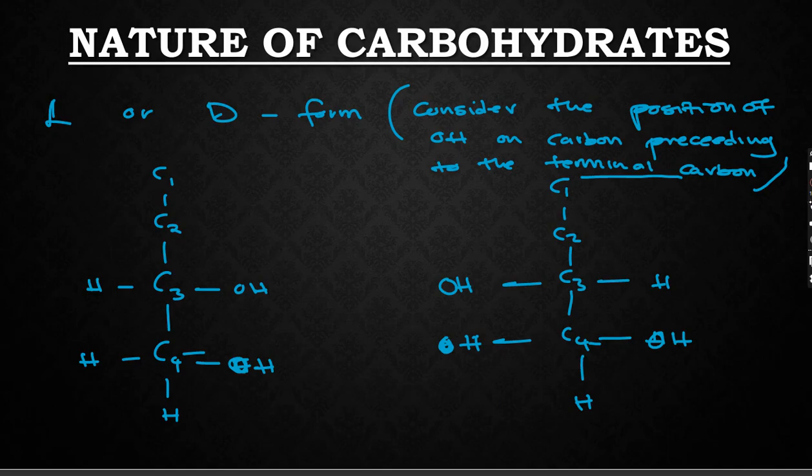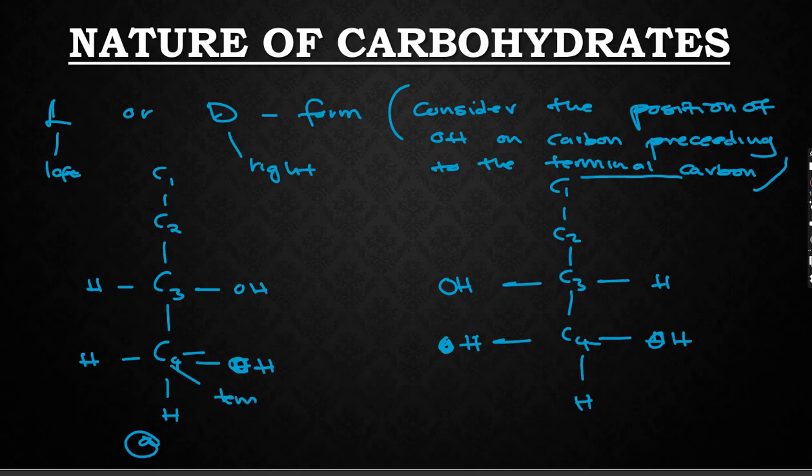A compound is said to be in L form if the hydroxyl group on the preceding carbon to the terminal carbon is on the left side. The opposite of this is the D form. So let's consider this compound, compound A. Our terminal carbon is this one.